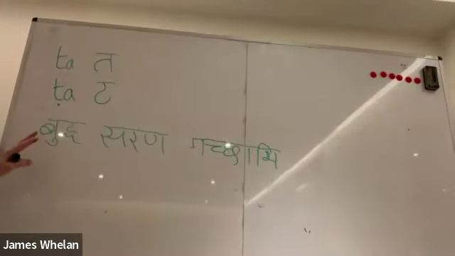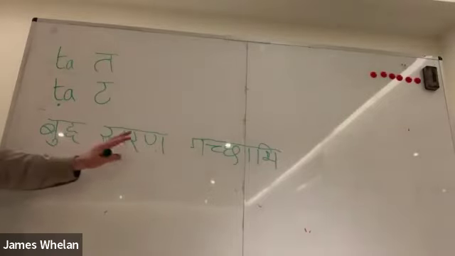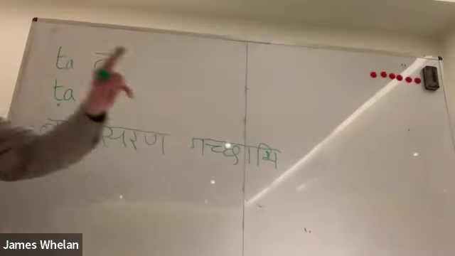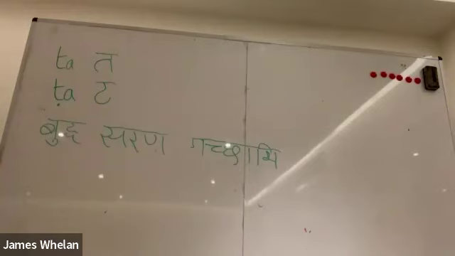This is now without writing the anuswara yet. What I've written is Buddha Sarana Gacchami. Now, how is the anuswara written in the Devanagari script, in which Sanskrit is typically written?